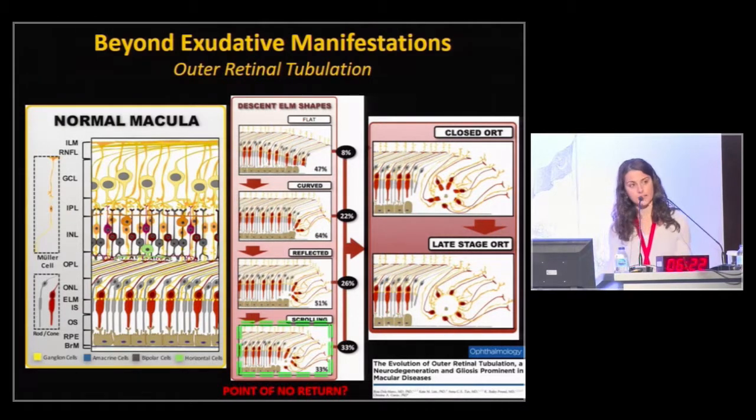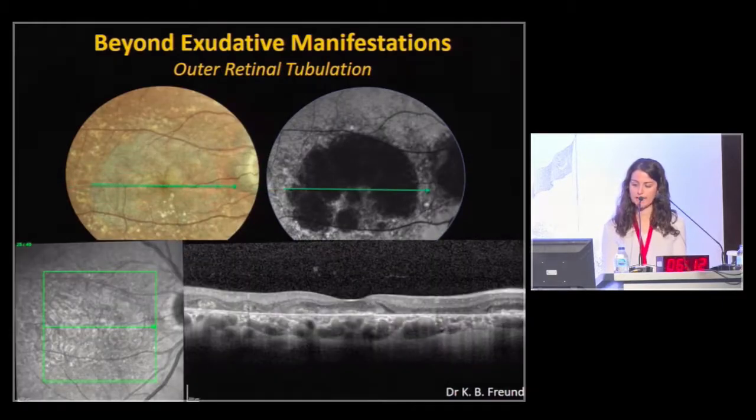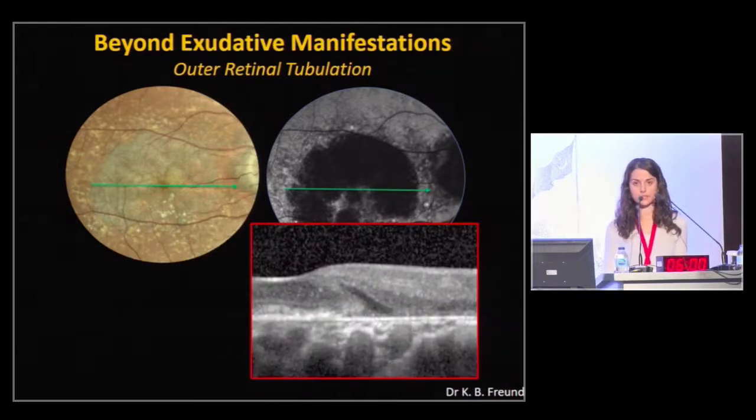So this has a lot of prognostic value, especially in patients where we are going to have some therapy, maybe in the future. In these cases with outer retinal tubulations, we also see other signs that may mimic subretinal or intraretinal fluid, as in this area. Sometimes we can really have complex cases, and we don't know if this corresponds to fluid or not.